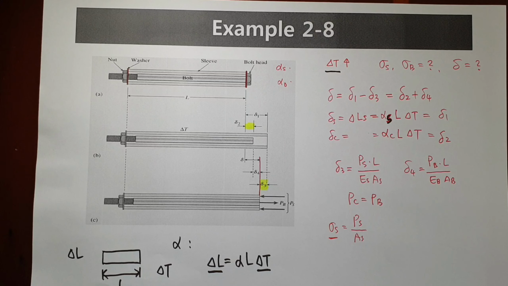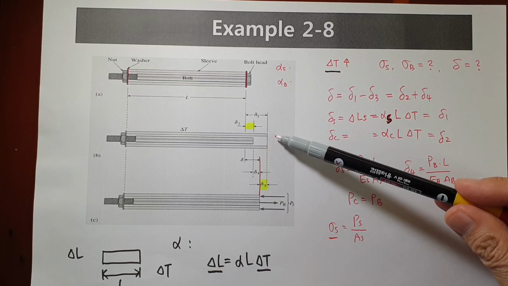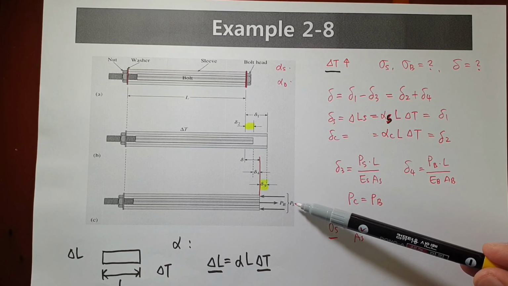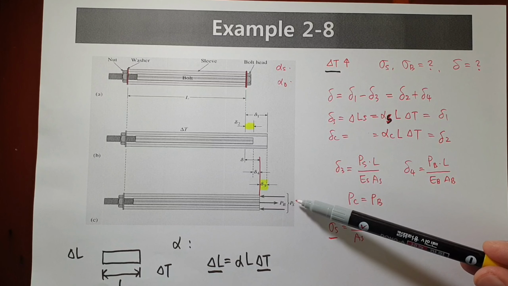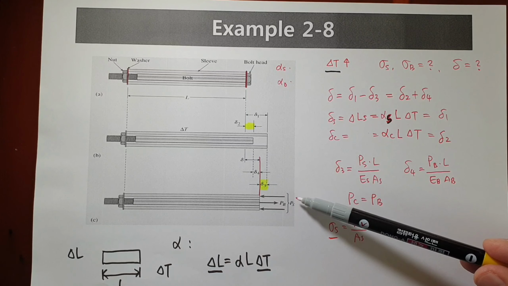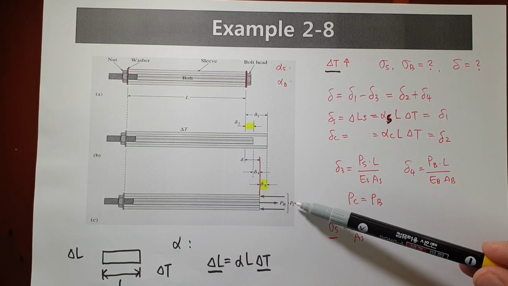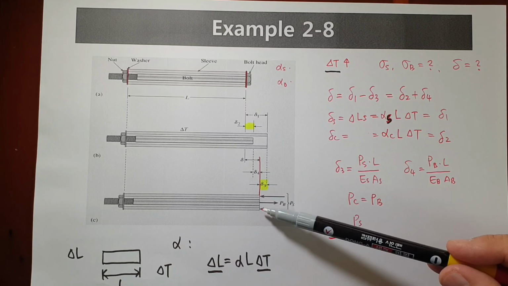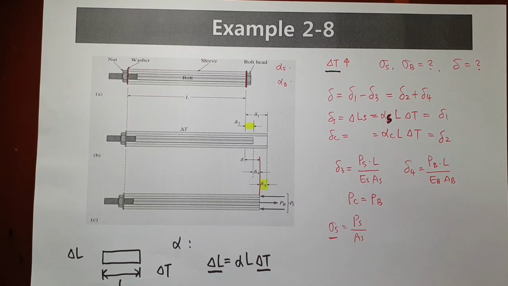Okay, here due to temperature change, we considered the change of length or elongation. At first, due to temperature change, it happened like this, and after that, some elastic change due to reaction force between the two components. Then it happens like that. Finally, it reaches some equilibrium point.